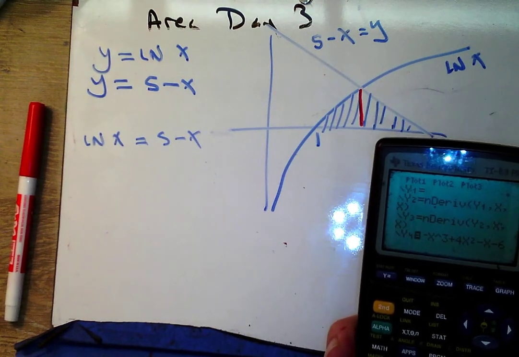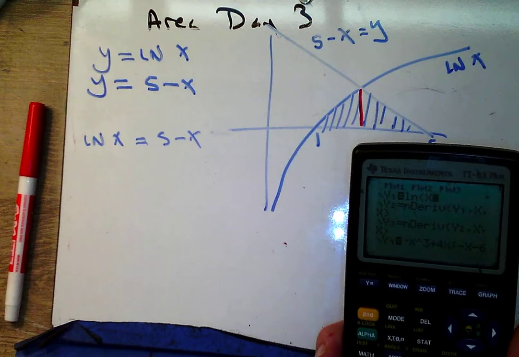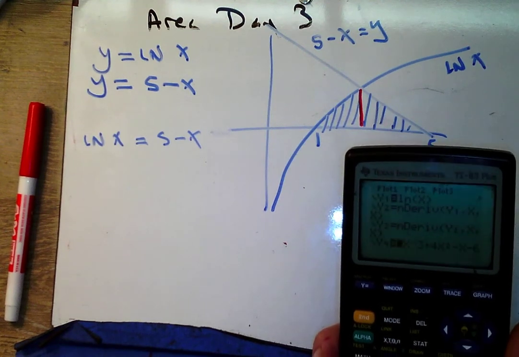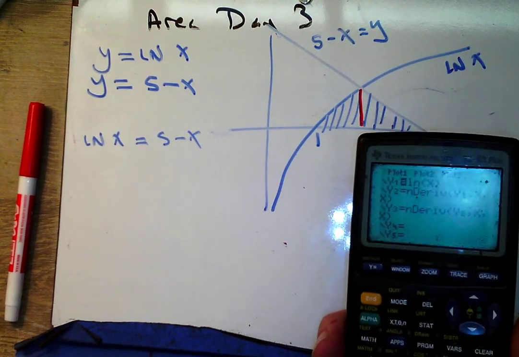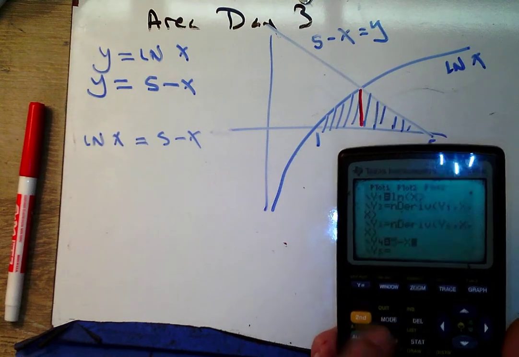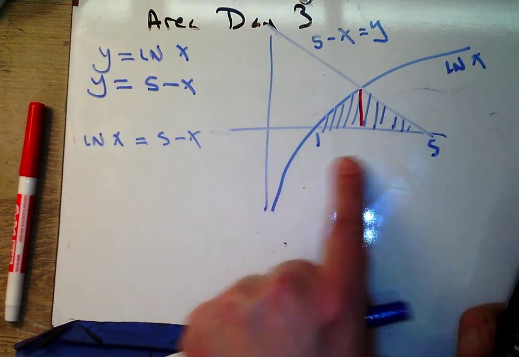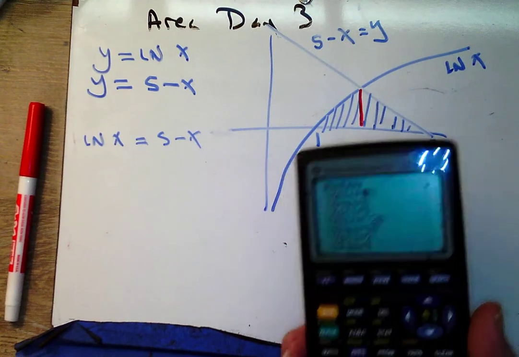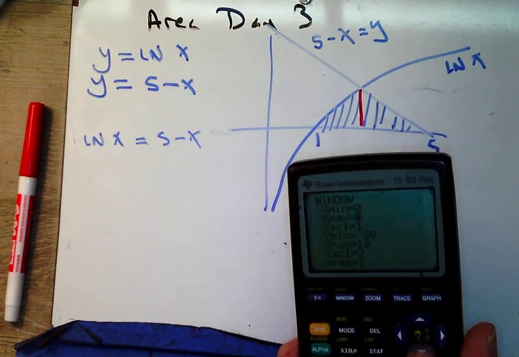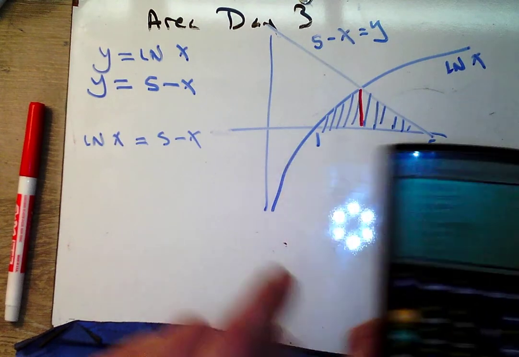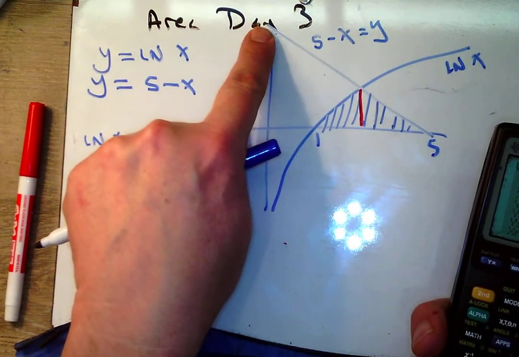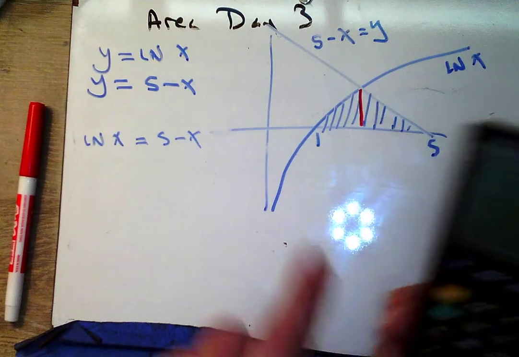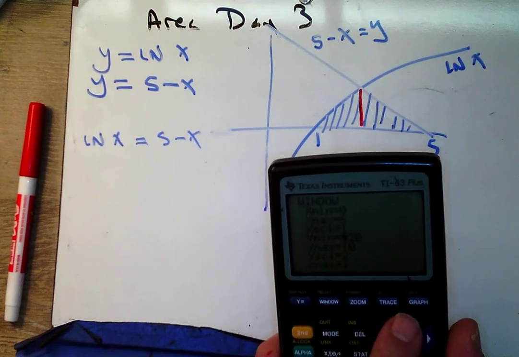So I'm going to graph the ln of x. And down here, I'm going to graph 5 minus x. And we already know our window goes from 1 to 5. So 0 to 6. And what about our y values? Well, that's 5, and that's less than 5, and I definitely don't need anything in negative land.